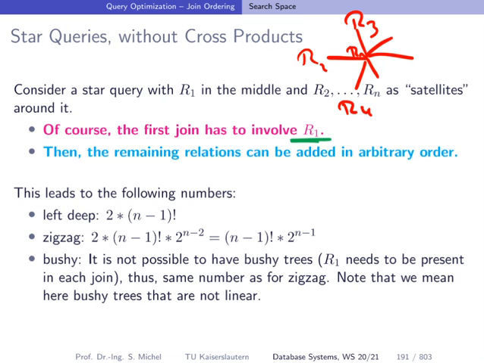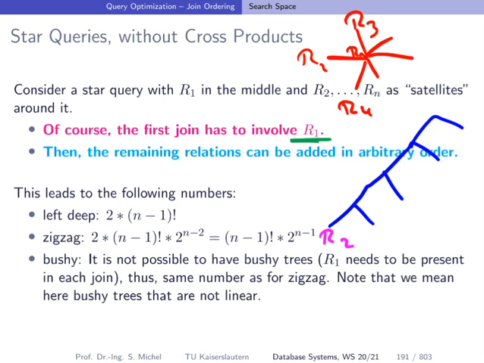Why do we have to have R1 in the first join in any tree we can have? Well, if we have, let's say, looking at left deep trees, which again always looks like that, right? Easy to draw. How do we start? Well, we cannot start joining R2 with R4 or whatever, right? Because they don't have an edge in the query graph. So we cannot join R2 with R7 either and R2 with R5.